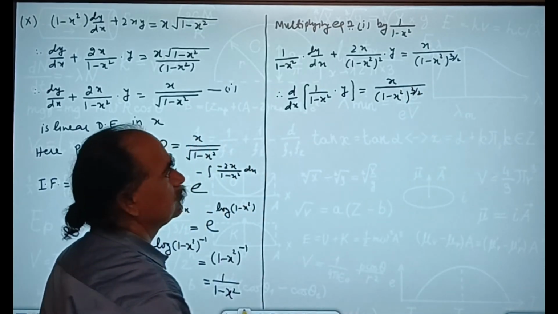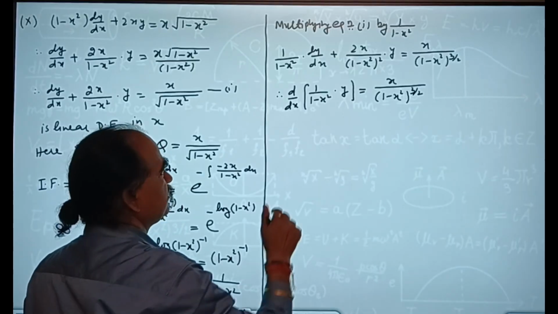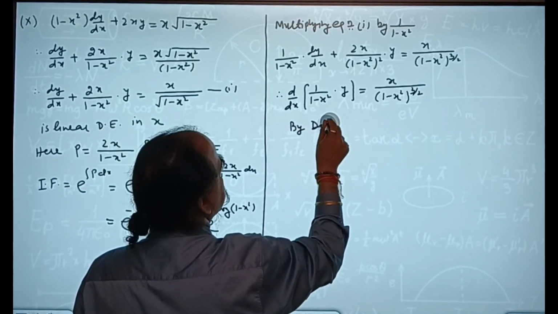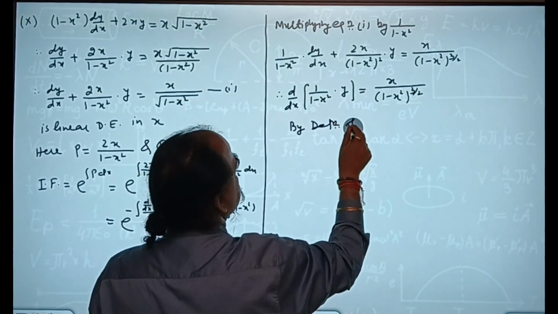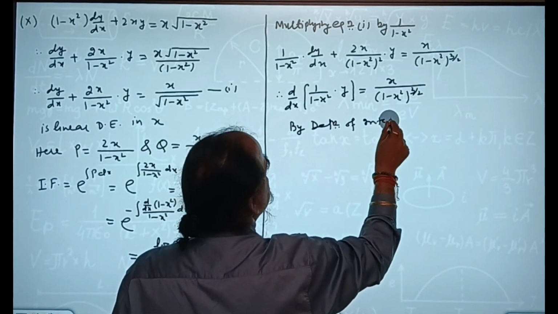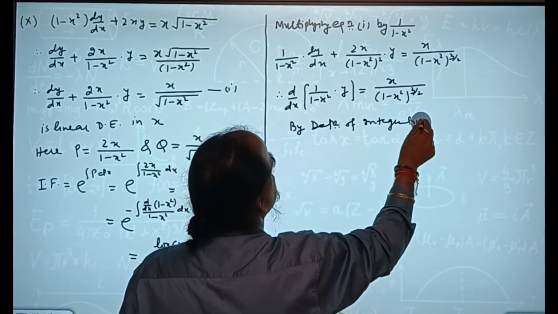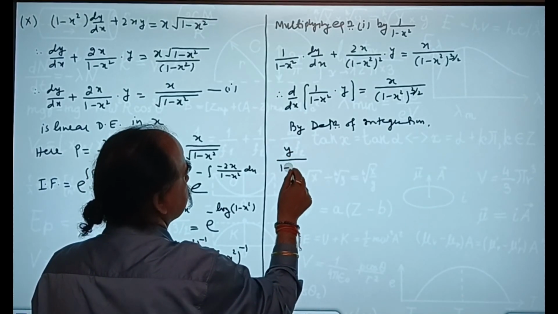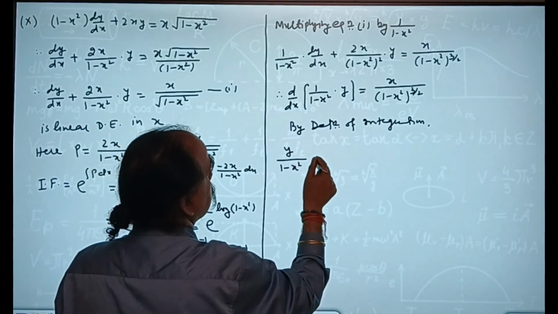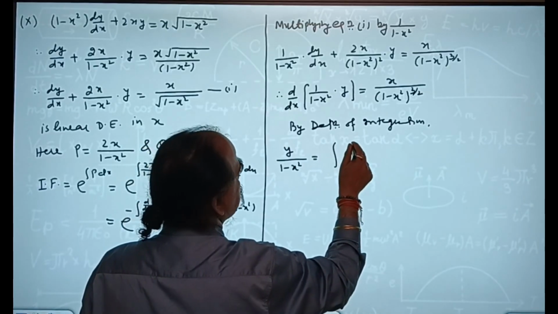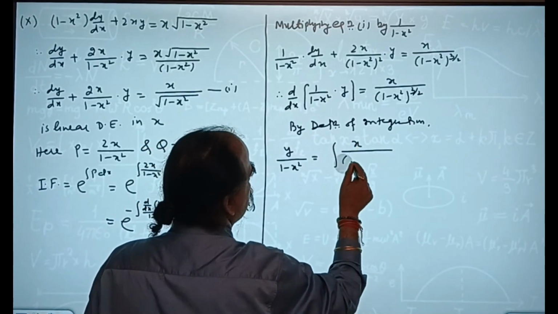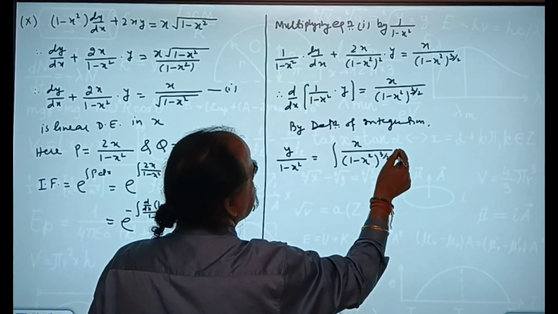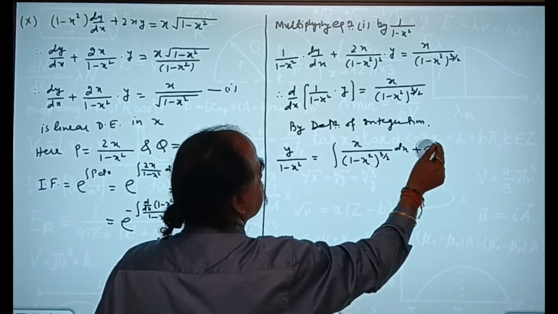By definition of integration, y upon 1 minus x square is equal to integral x upon (1 minus x square) raised to 3 by 2 dx plus c.